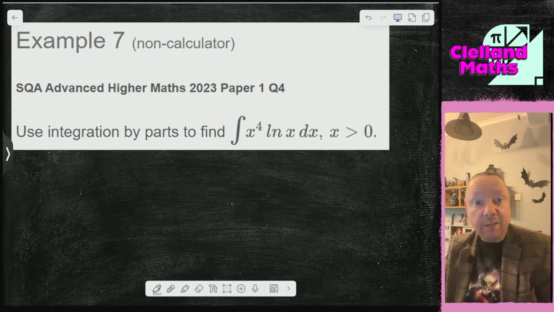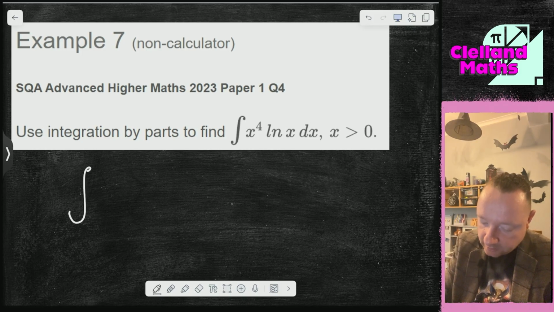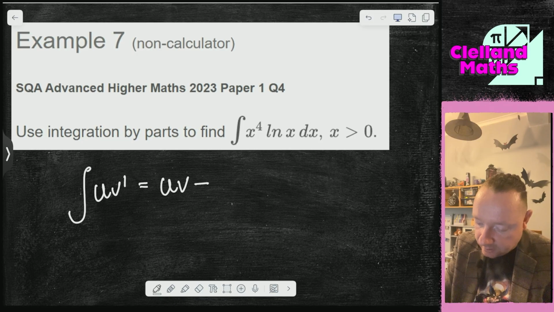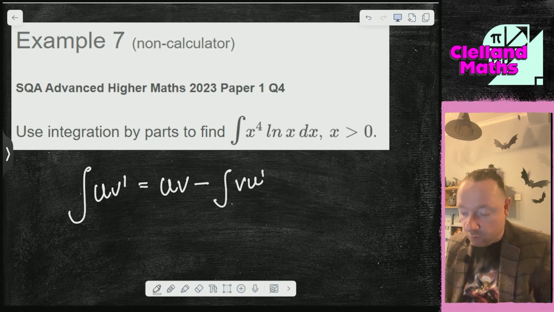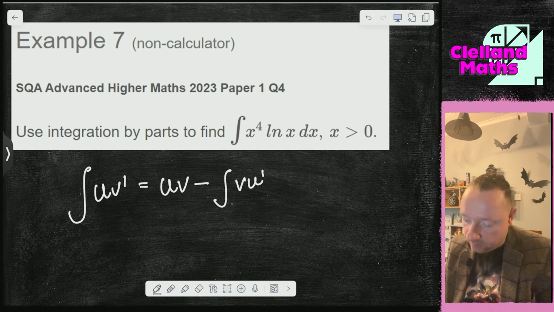So we'll let one of them be u and one of them be v dash, because integration by parts says the integral of uv dash equals uv minus the integral of vu dash. So if we want that, then we want this new term that we end up with under here to be as simple as possible, something we can actually integrate.